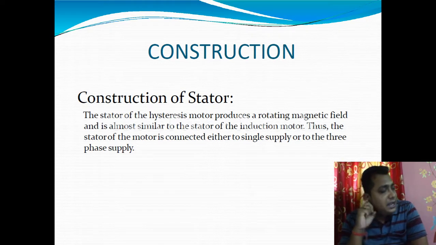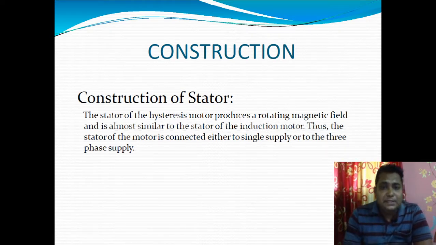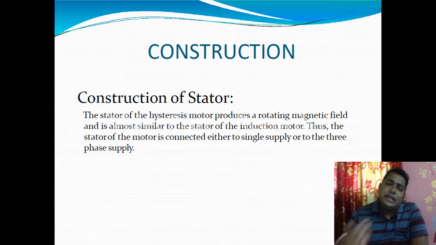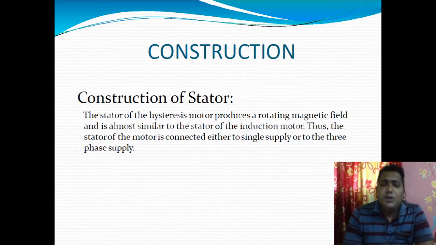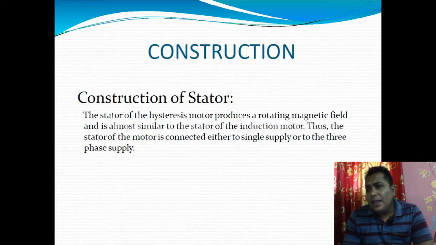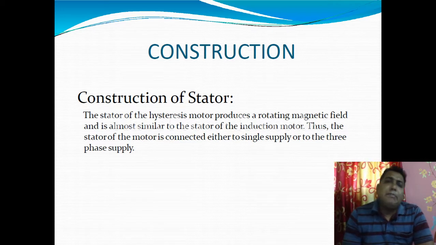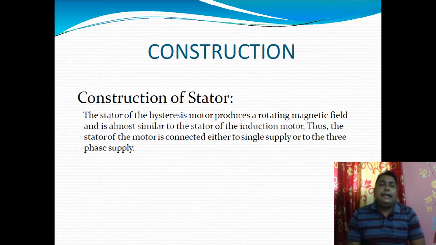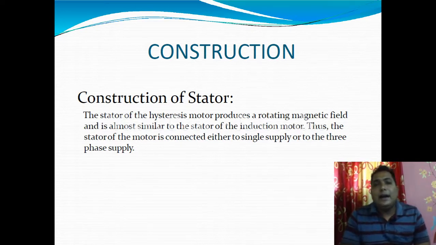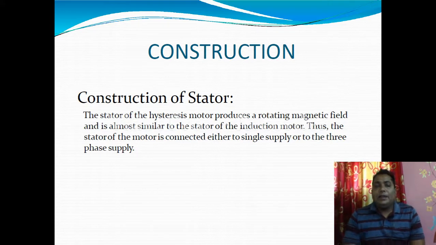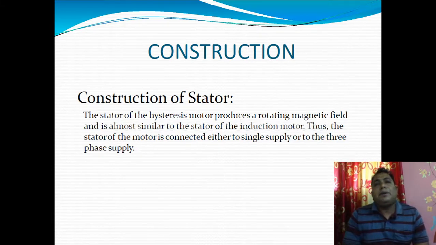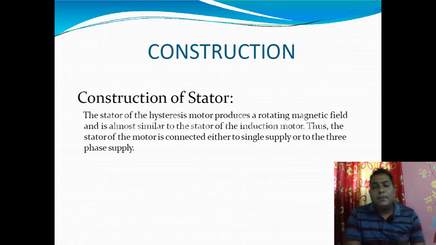In the same way, in the case of a permanent capacitor, we use the permanent capacitor to split the phase and make the winding generate a rotating magnetic field. And we know that when a magnetic field is generated, if we place a rotor inside it, it will start rotating.